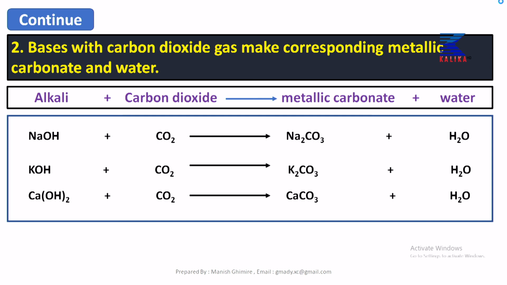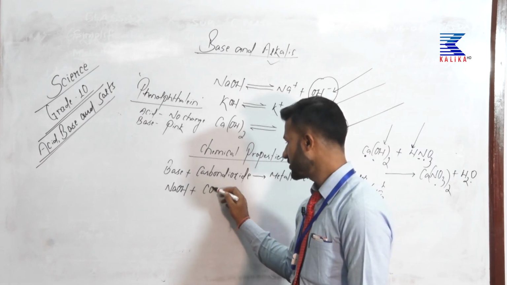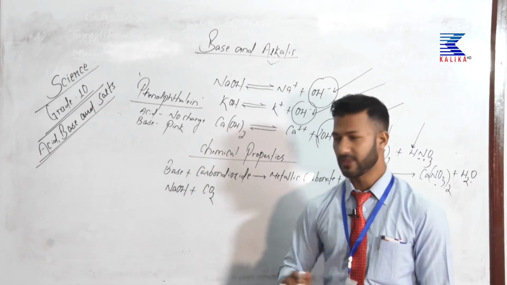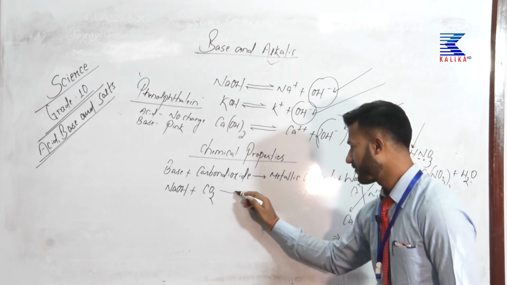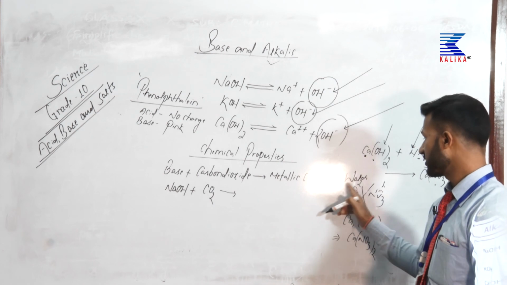Let me take an example. Base means NaOH, again the same strongest base, sodium hydroxide, and carbon dioxide means CO2. Sodium hydroxide and carbon dioxide would form metallic carbonate plus water.